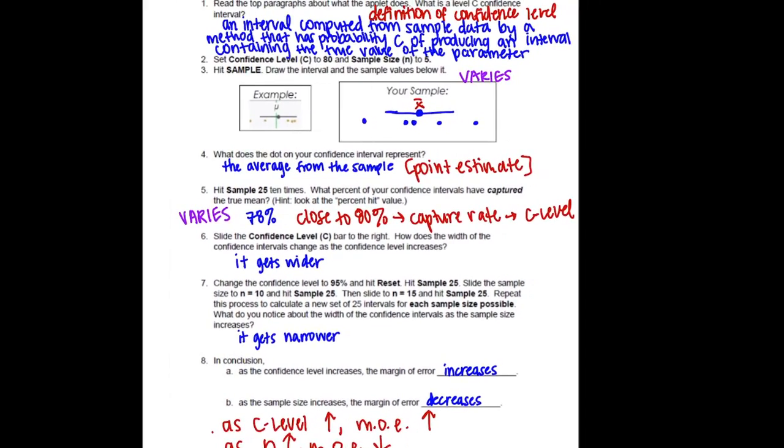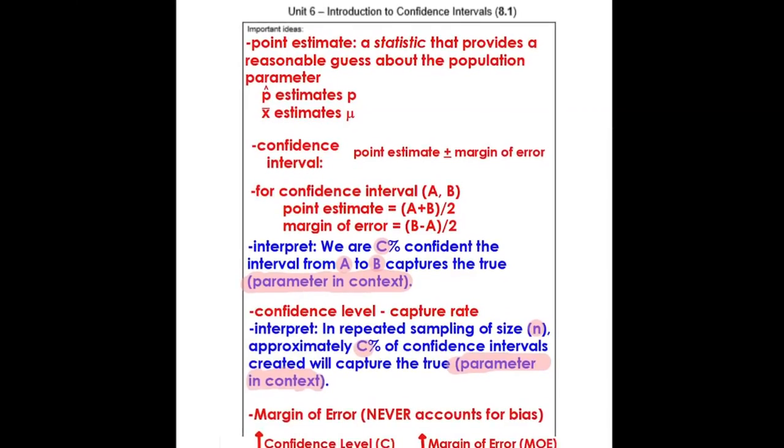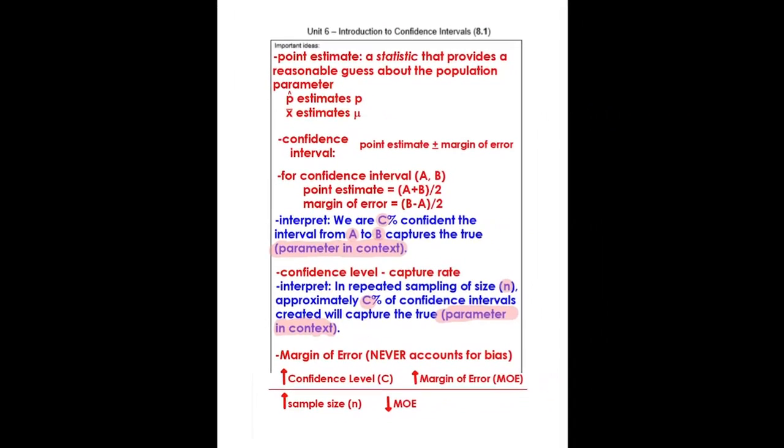Okay, here are the notes for today. So I just kind of summarized what we had written in red on the activity. So I'm just going to zoom out a little so you guys can pause and copy it all down. And then we will move on to our check your understanding.